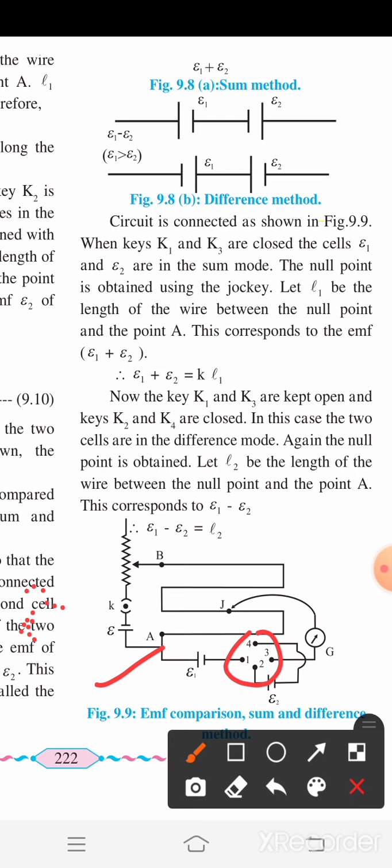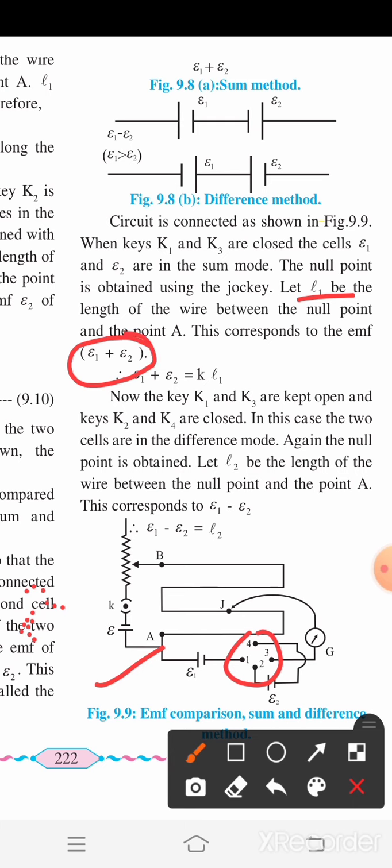Then we get a single point, which is the null point, and we measure the length of that null point from the higher potential point A, that is L1. Let L1 be the length of wire between the null point and the point A. This corresponds to the EMF E1 plus E2.